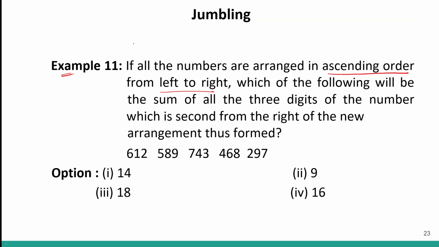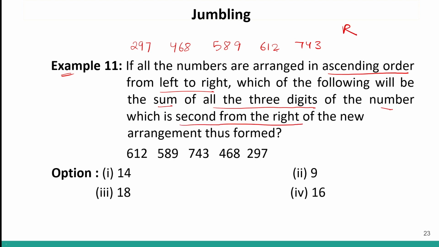So ascending order from left to right will be 297, then 468, then 589, then 612 and then 743. This much is clear. Now let us look at the question. Which of the following will be the sum of all 3 digits of the number which is second from the right?